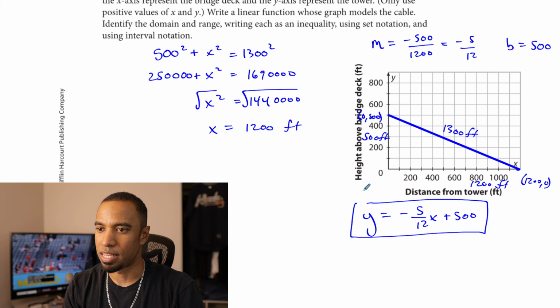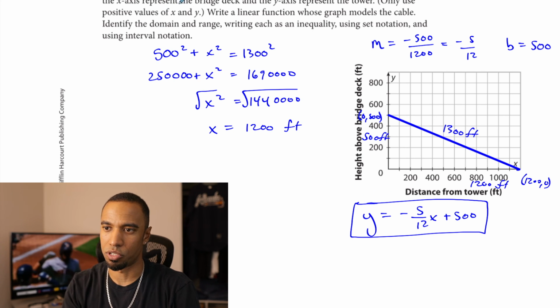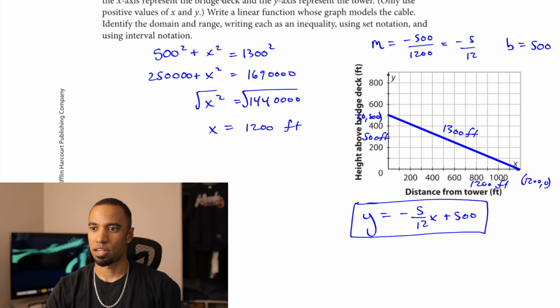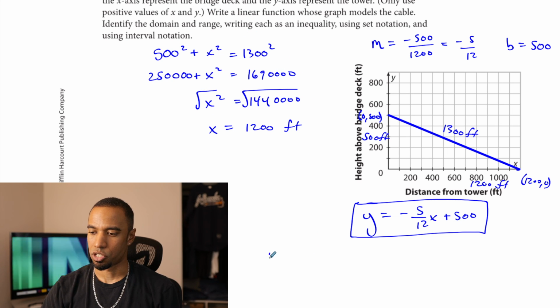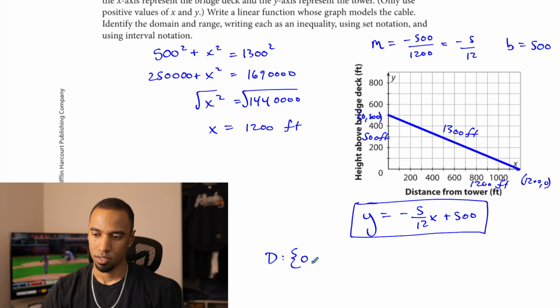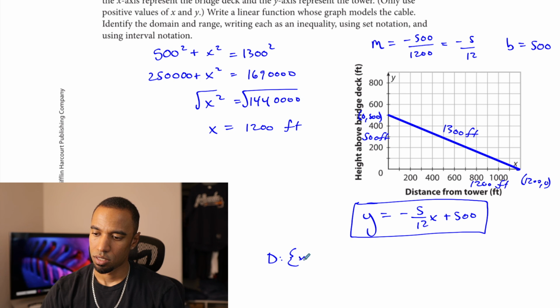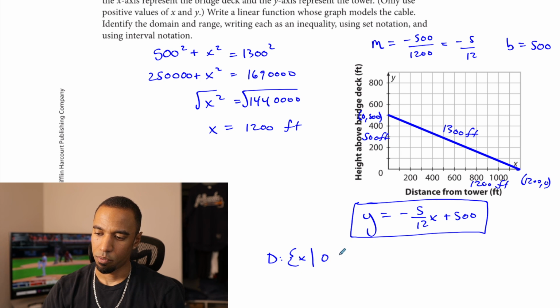Now identify the domain and range, in set notation and interval notation. So set notation is going from 0 to 1,200. Oh my gosh, very rusty in doing these videos, guys. My bad.